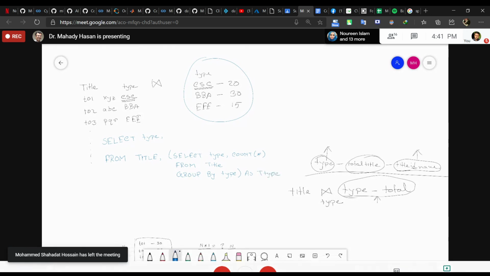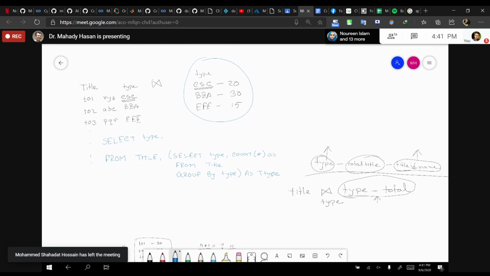That's I renamed it T type, and this one I renamed as total.